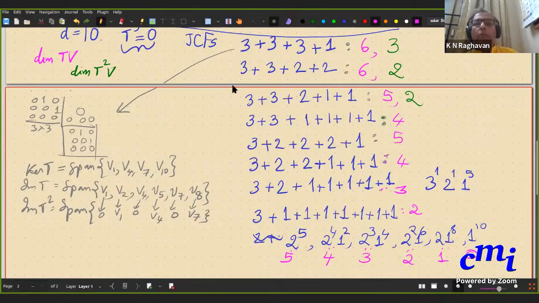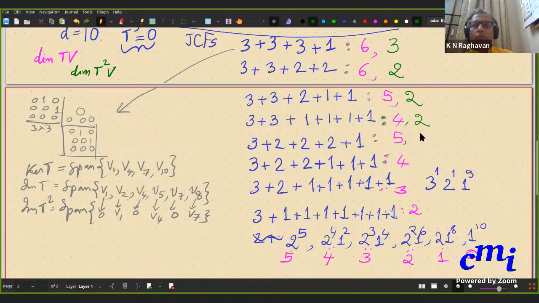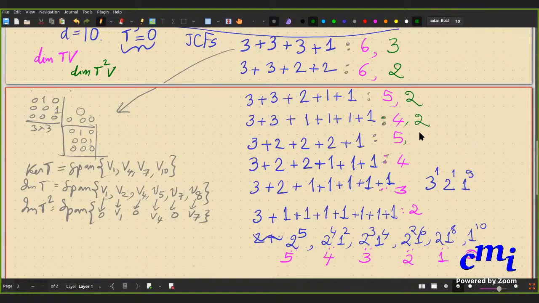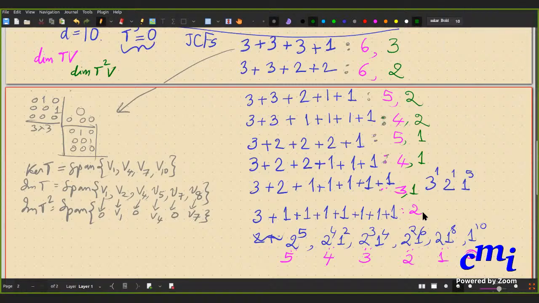Okay. Let's do the other ones. 2, I think. Maybe you get 1. 1. And this also 1.